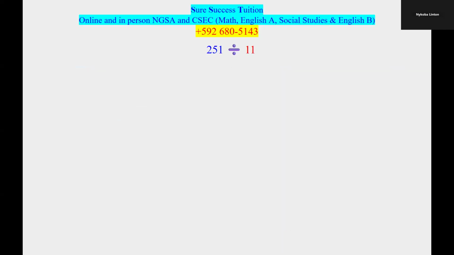Let's try this one. It's a 2-digit divisor this time. So 251 divided by 11. So let's try the long division. Please pause the video and try it. Great. So let's do it. Remember our steps. Divide, multiply, subtract, bring down.